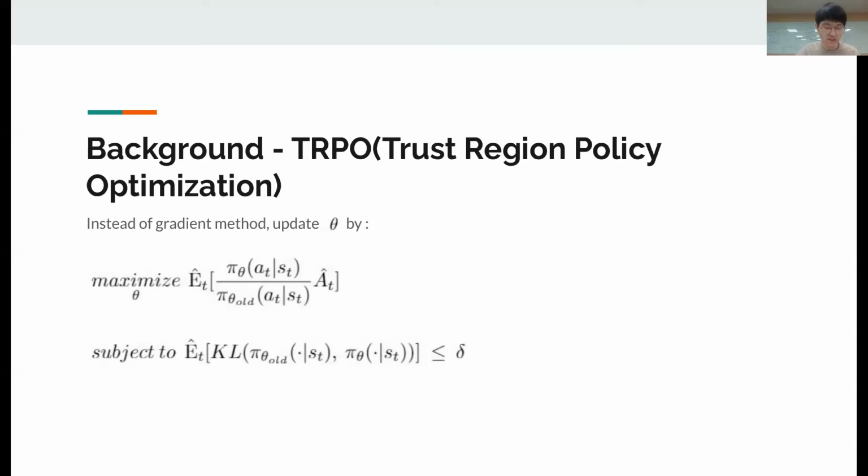Instead of updating theta by gradient ascent, TRPO tries to simulate local search, the neighborhood being the delta radius neighborhood of the old policy calculated by KL divergence. For those who don't know what KL divergence is, KL divergence measures how close two distributions are, and two distributions are close when KL divergence is small.